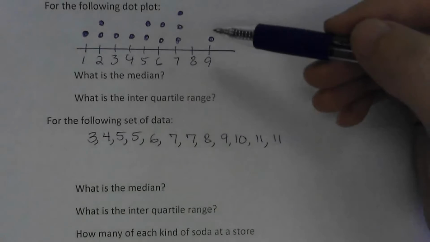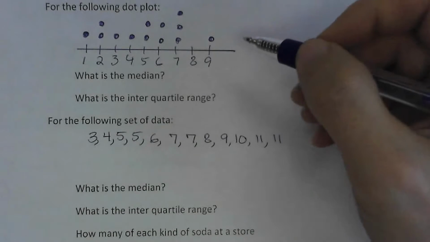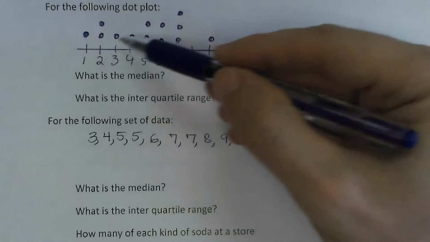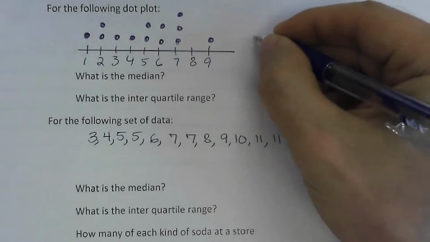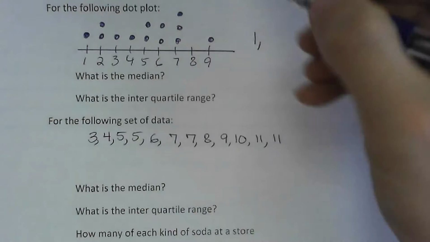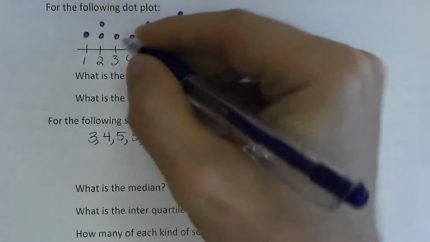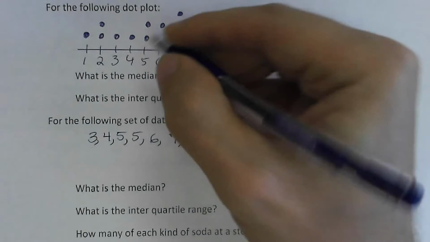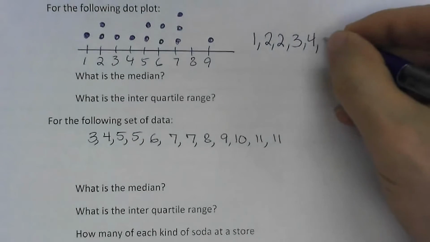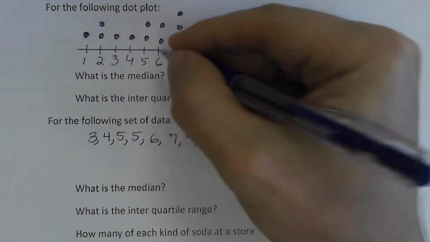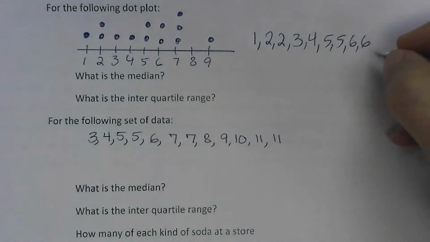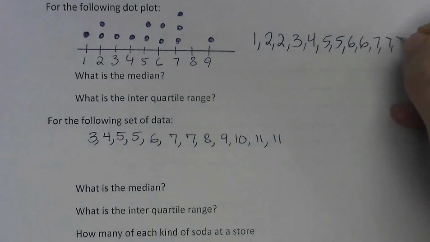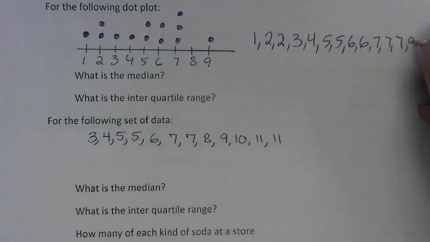Okay, so for this first set, we have a dot plot here. The easiest way to do these problems is to actually write down all the numbers represented by the dots. So this tells us we have one number 1, we have 2 2s, we have a 3, we have a 4, we have 2 5s, 2 6s, 3 7s, and 1 9.